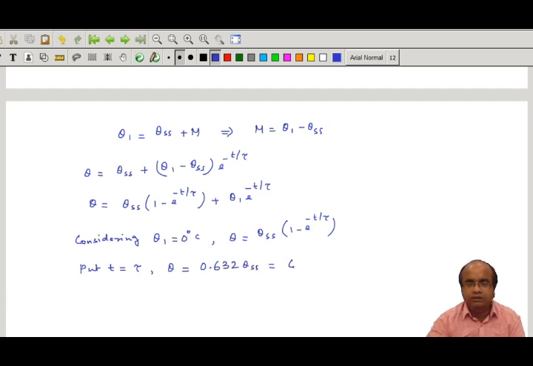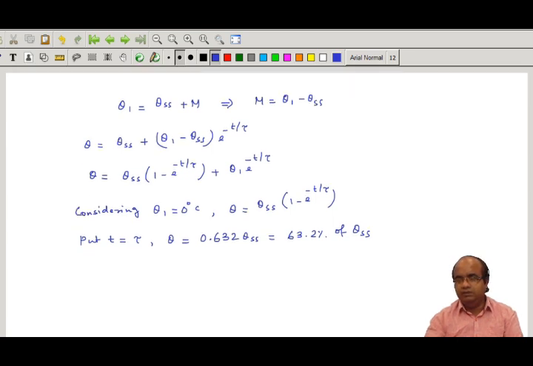That is 63.2% of the steady state value. From this we can say that when the machine temperature rises up to 63.2% of its final value, we can say that the steady state temperature is achieved.